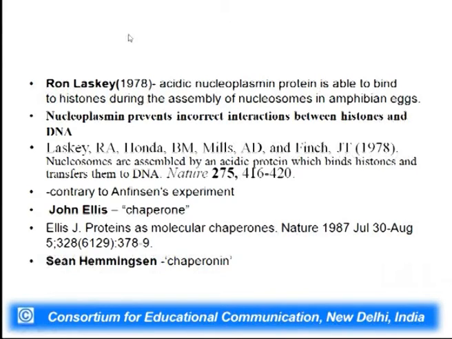So, the concept of chaperone is contrary to what we saw in Anfinsen's experiment. The Anfinsen experiment told us that the information regarding the tertiary structure of the protein resides within the primary structure of the protein, the amino acid sequence.